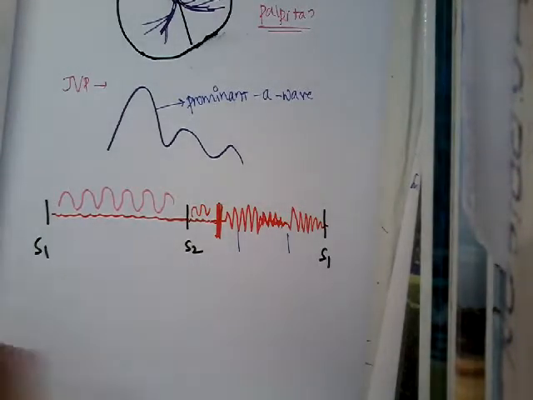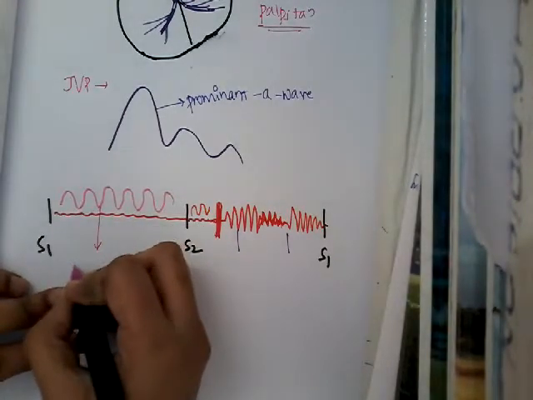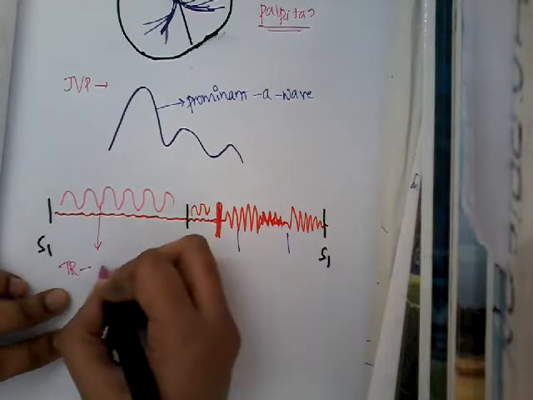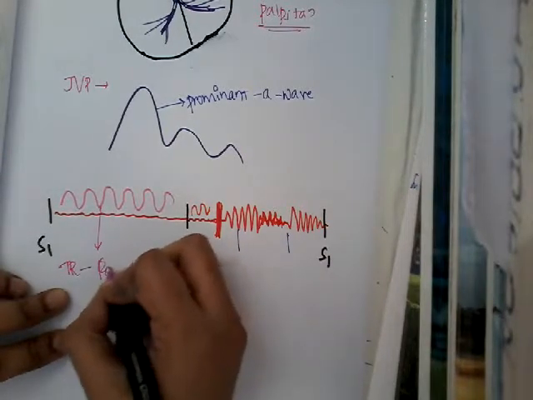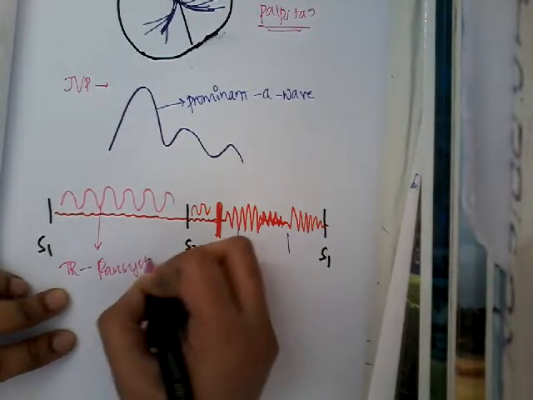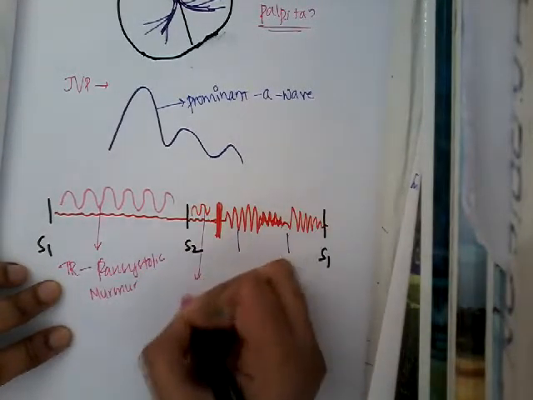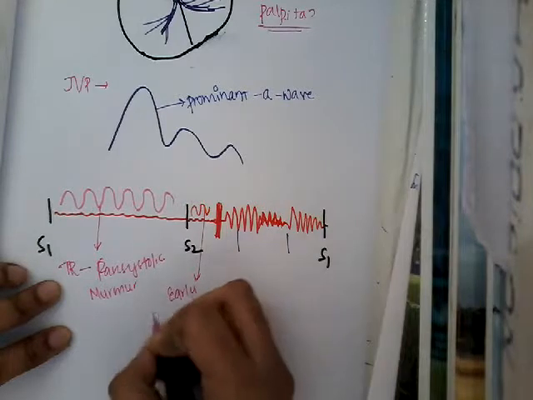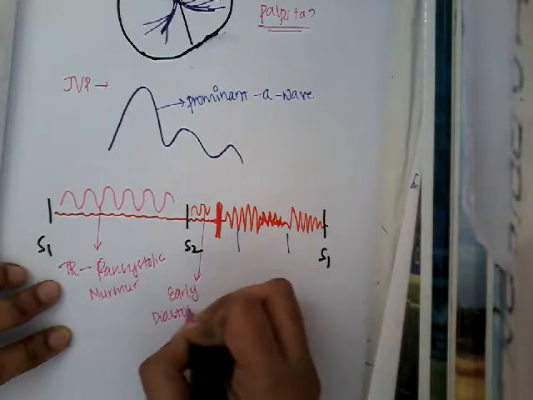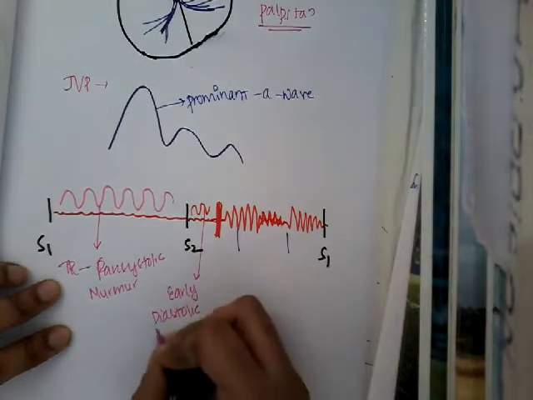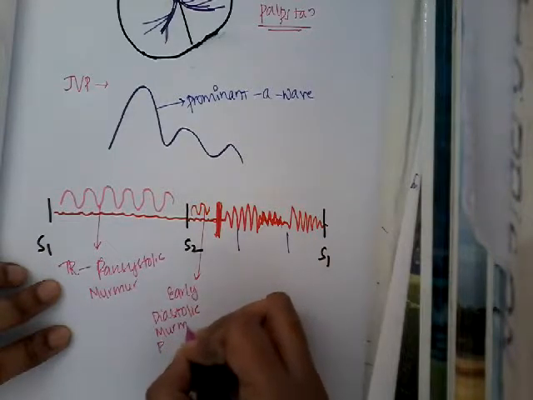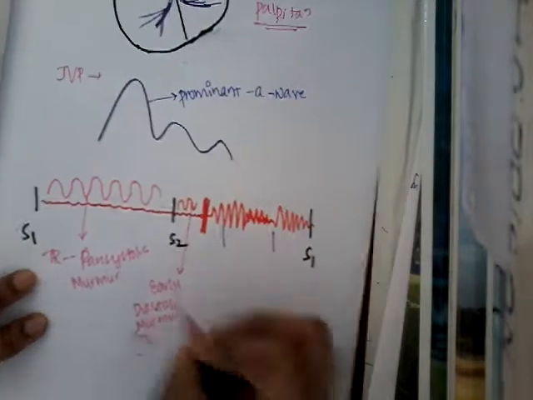So, what are the components? If there is tricuspid regurgitation, there is a pansystolic murmur. Okay, there is an early diastolic murmur if there is pulmonary regurgitation.